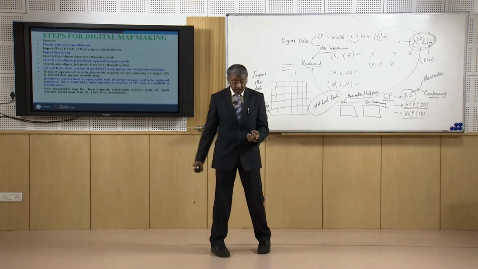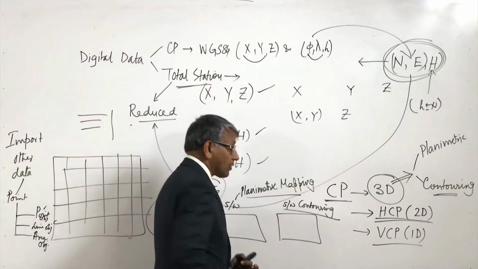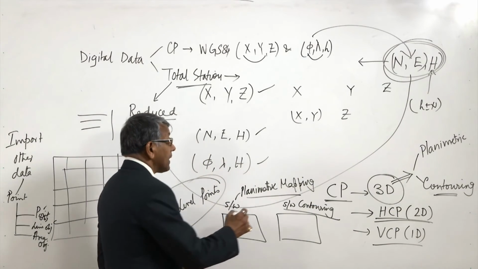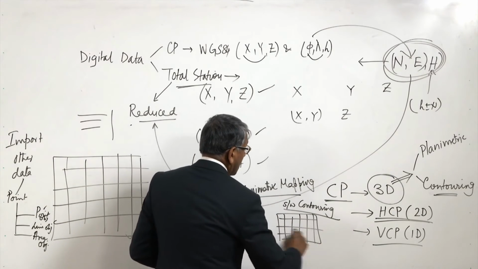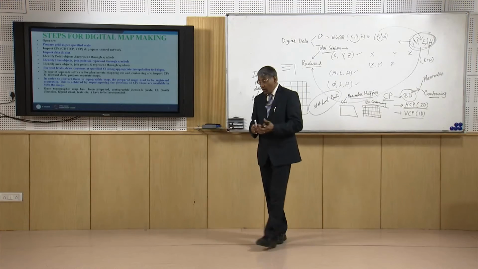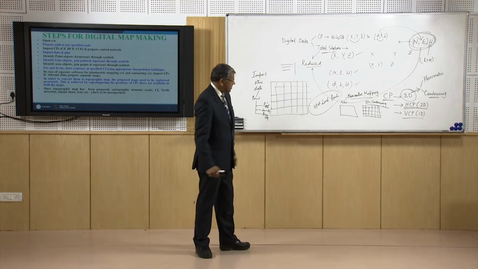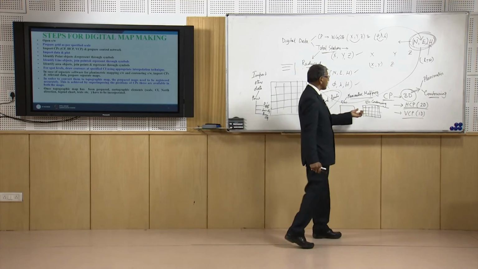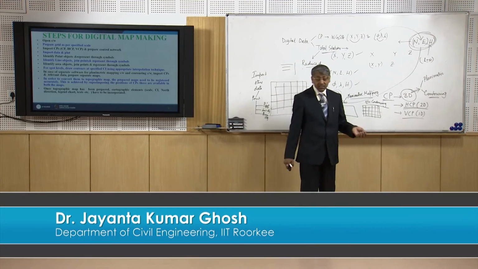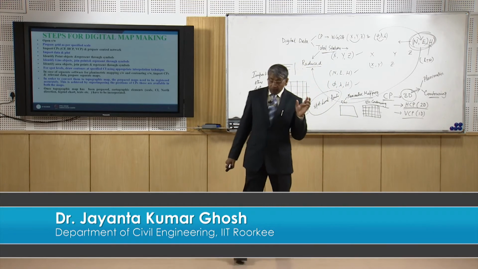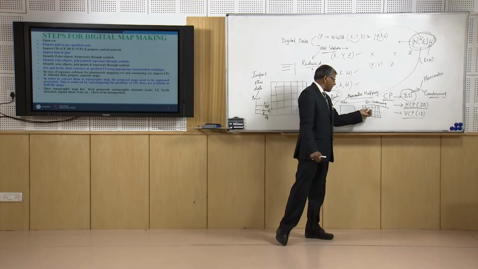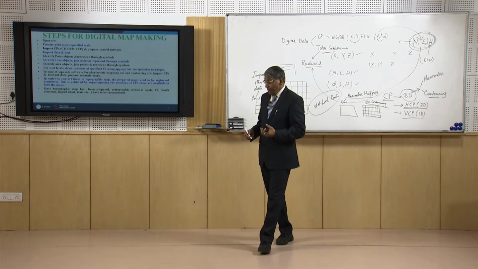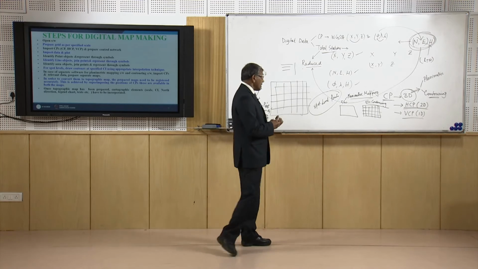Before taking the data into the map, for contouring, first we have to make the grids as per the horizontal scale, and then we should address the points along with the spot levels. Then we can ask to plot the contours as per our contour interval, and that way we will get the contours.